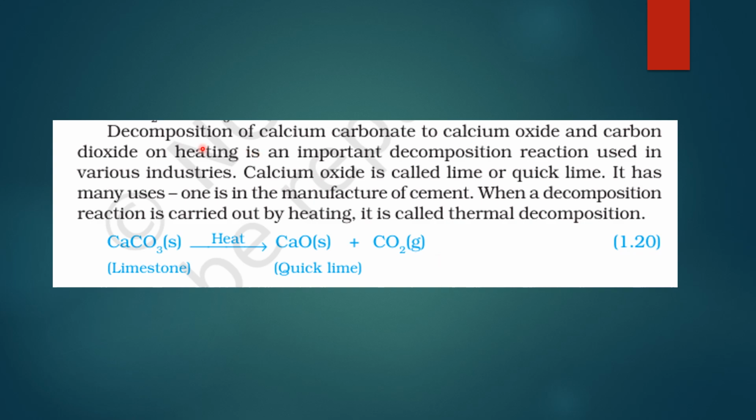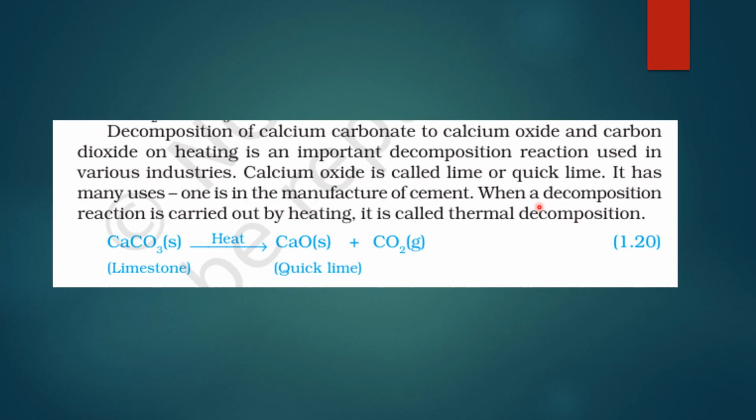Decomposition of calcium carbonate to calcium oxide and carbon dioxide on heating is an important decomposition reaction which is used in various industries. Calcium oxide is also called lime or quicklime. This solid product is known as quicklime and it is used mainly in the manufacture of cement.